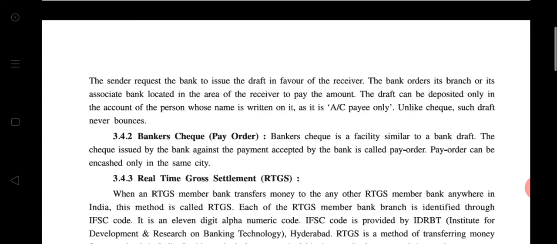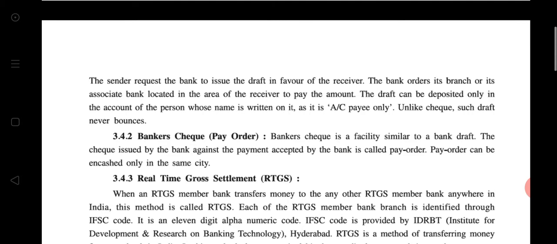So in the Bhavnagar branch, I request the bank and the bank issues the draft and also contacts the other branch in Ahmedabad, and then requests that branch to pay that person. The draft can be deposited only in the account of the person whose name is written on it, and it is account payee only.